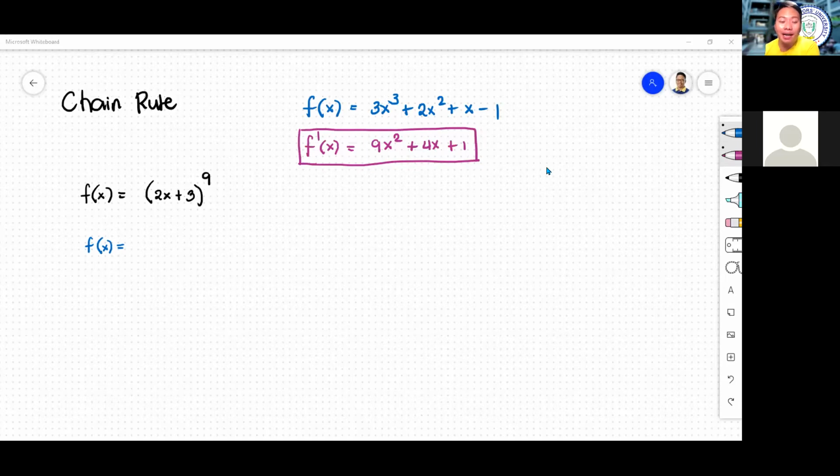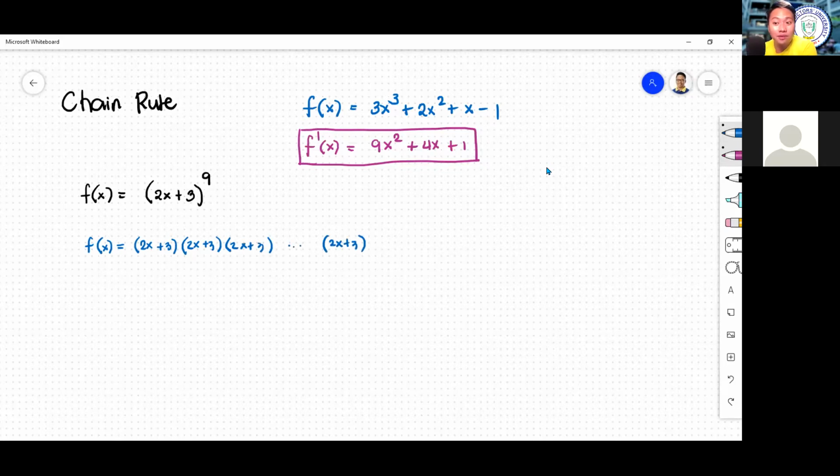Okay, so going back, having this example that you see here, guys, 2x plus 3 raised to the power of 9. What do we do, sir? Do we have to expand it first before getting the actual derivative? You might be thinking, should I do 2x plus 3 times 2x plus 3 times 2x plus 3, dot dot dot, until the ninth 2x plus 3?